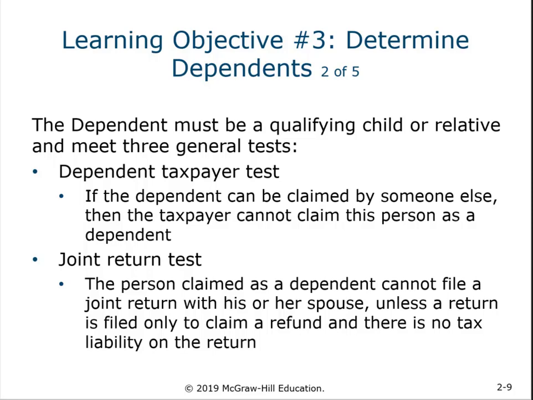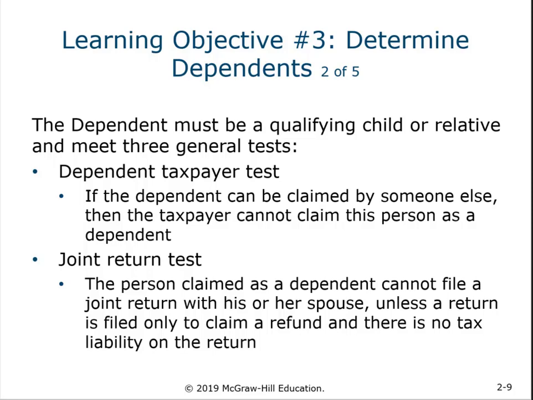All right? There's a joint return test. You cannot be a dependent as long as you're filing jointly with your spouse. So if you're married and filing with your spouse, that generally means you cannot be a dependent of someone else.